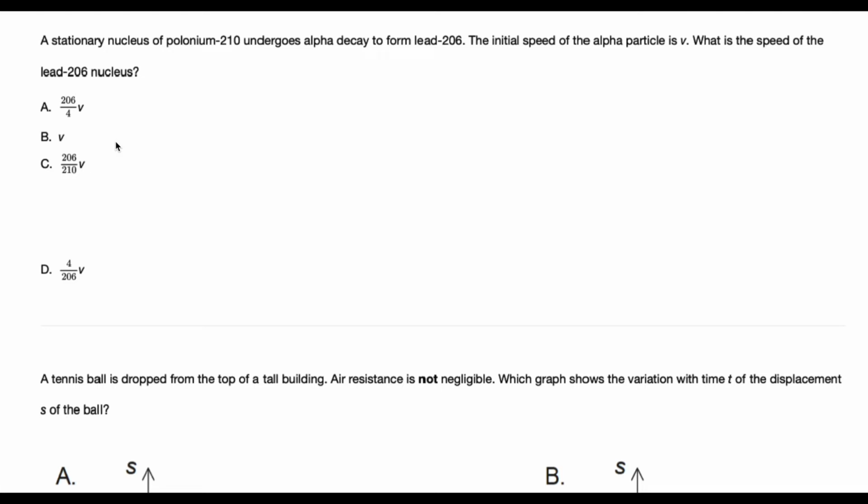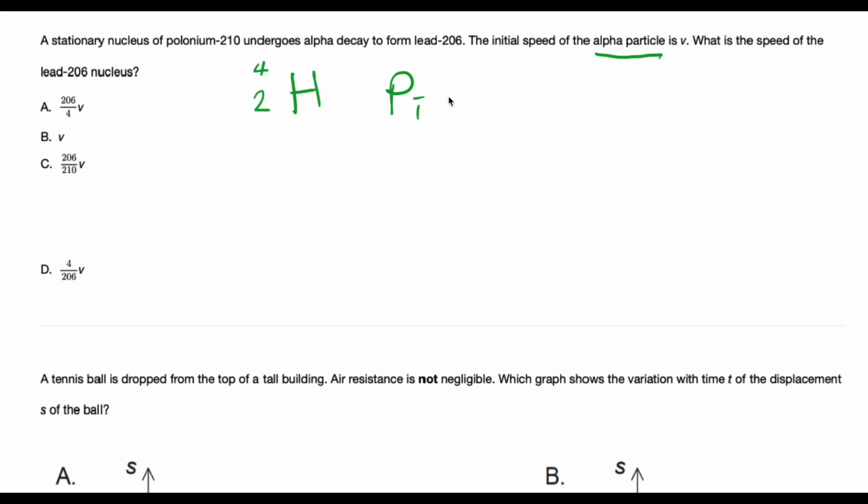So this one is asking about conservation of momentum. For conservation of momentum, we know initial momentum has to be equal to final momentum. An alpha particle is identical with helium that has an atomic mass of 4 and proton number of 2.